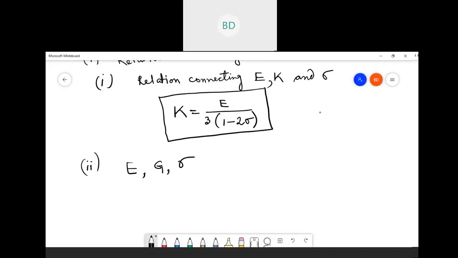So let me write this. G is equal to E by 2 into 1 plus sigma, or mu, whatever it is. This is another relation.